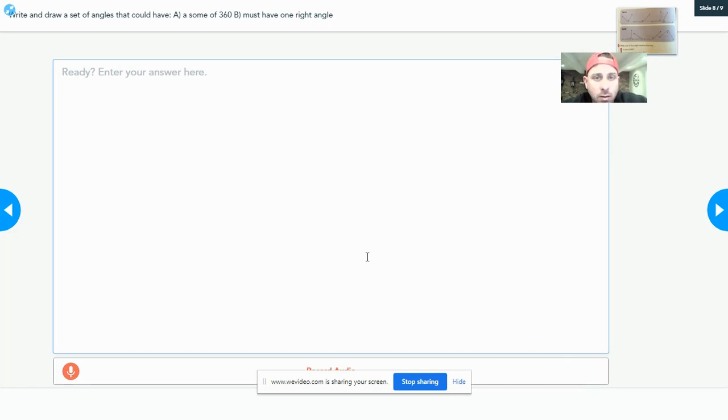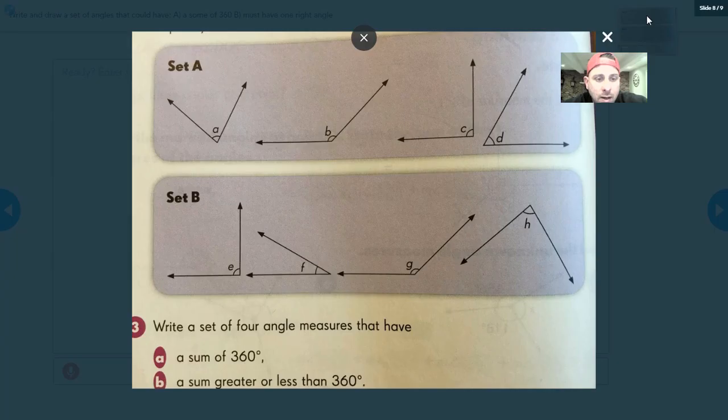And here are your choices here. Write a set of 4 angle measures that must have a sum of 360, and a sum greater or less than 360. So obviously the correct set would be a sum of exactly 360.